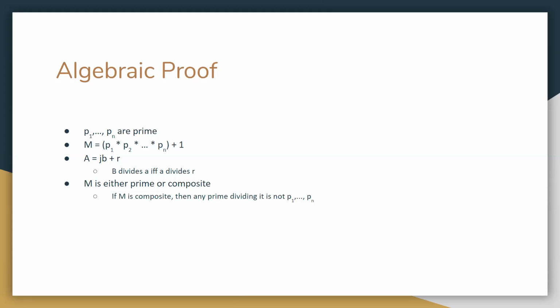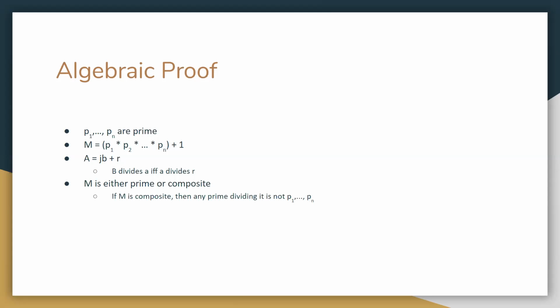Therefore, no matter what B we pick from that set of primes, B is not going to divide A, which means that none of those prime numbers in that set are going to divide M. Now we know that, of course, M is either prime or composite. If M is composite, then there has to be some prime dividing it, because it's going to have some sort of prime decomposition.